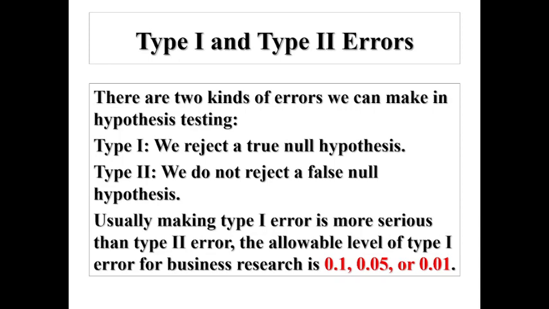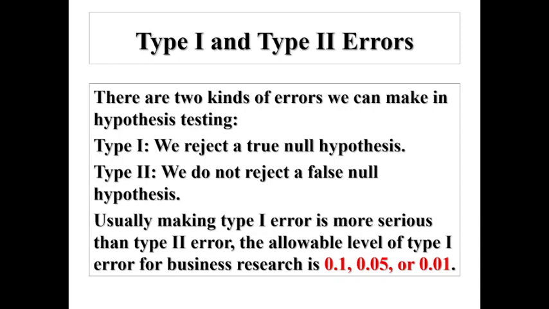So A is not innocent, but we do not reject that A is innocent. Actually, A is not innocent, but we do not reject that A is innocent. We don't accept A is innocent. We just do not reject A is innocent.